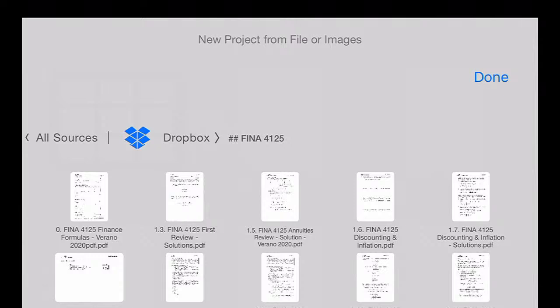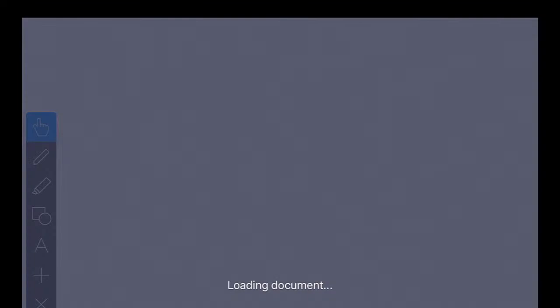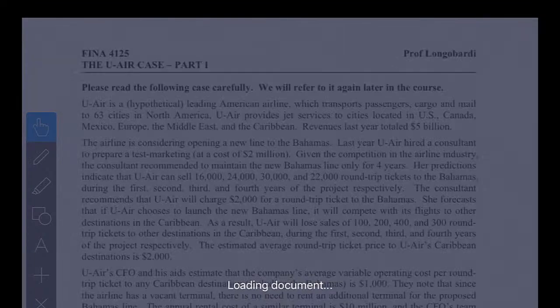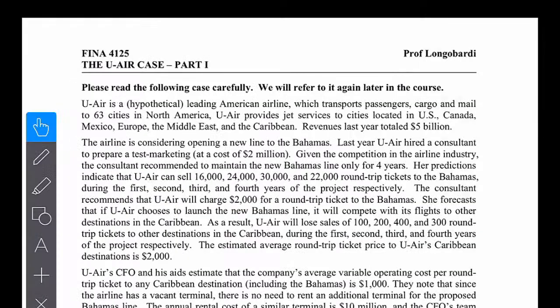So I wanted to start capital budgeting with the document called the UAIR case. This is really long, lots of reading. If you're not a reader, you need to develop a strategy. I consider myself a slow reader, and I have to keep myself alert.